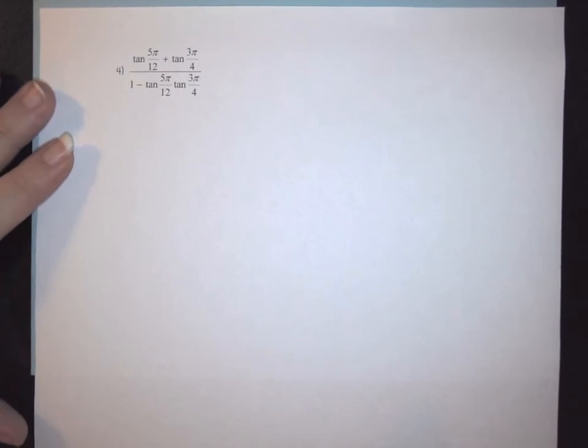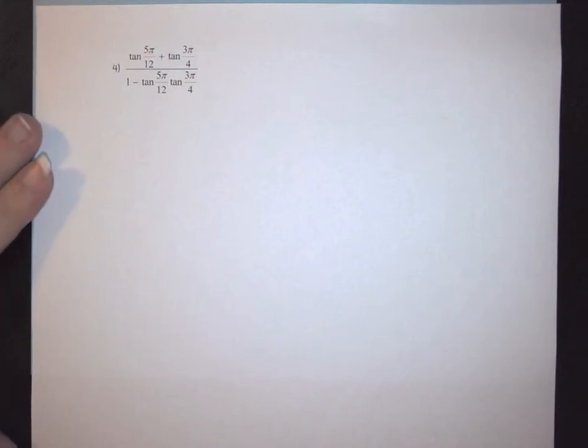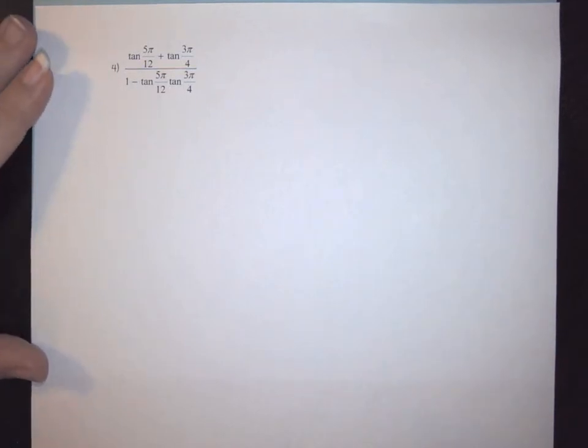Alright, let's look at another one here. So here I have the tangent of 5 pi over 12 plus the tangent of 3 pi over 4, and this is over 1 minus the tangent of 5 pi over 12 and the tangent of 3 pi over 4. And so here, once again, we have to first write down the identity that you have.